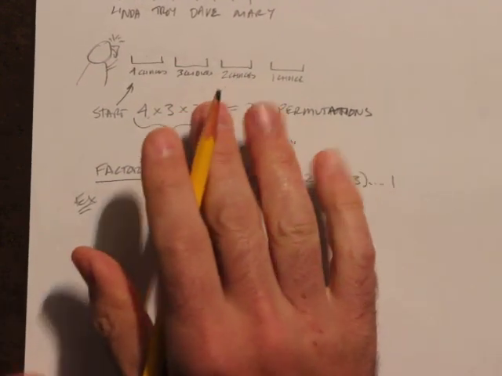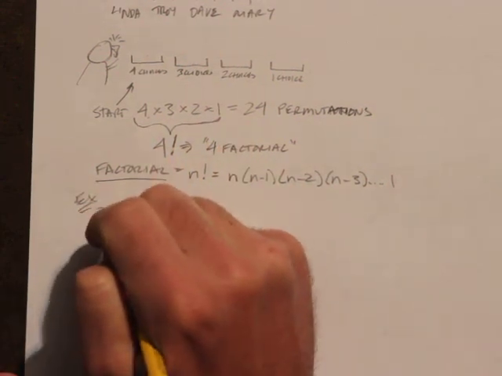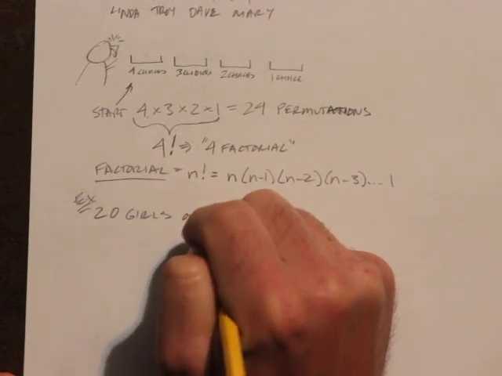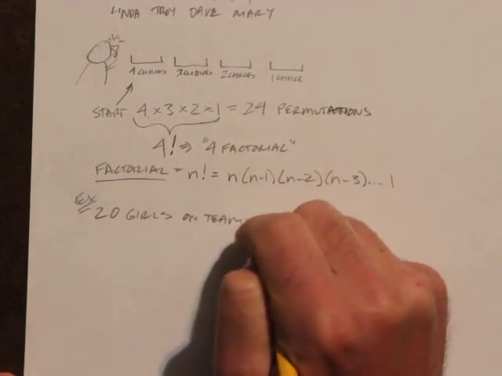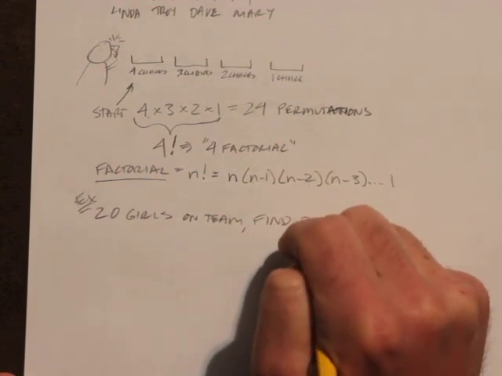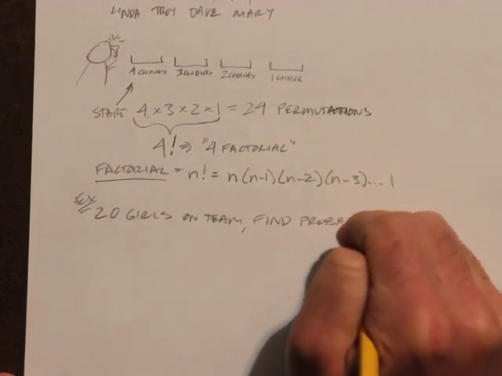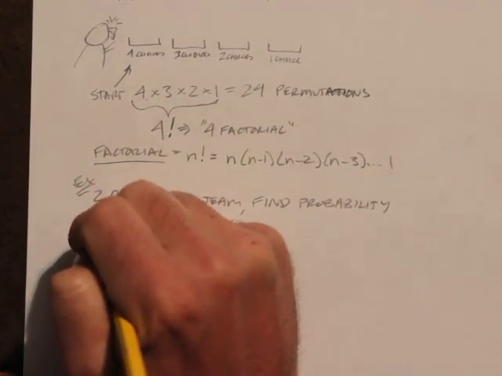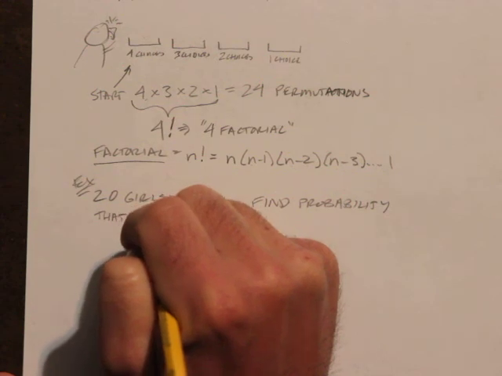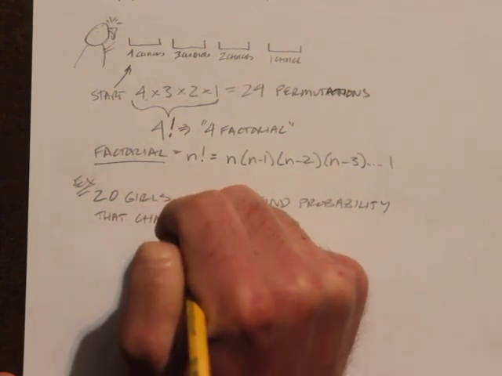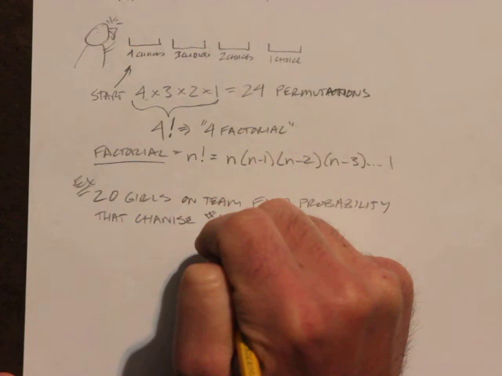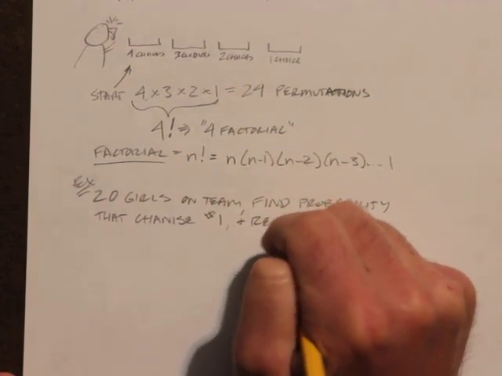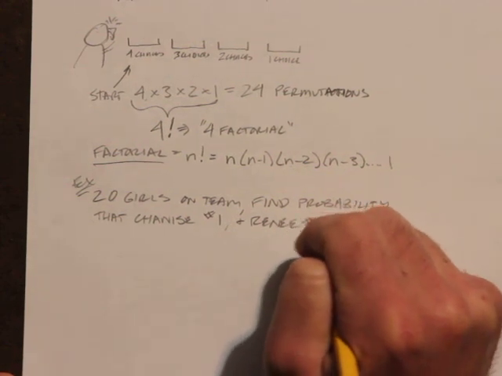I've got 20 girls on a team, and I want to find the probability that Shanice will be number 1 and Renee will be number 2.